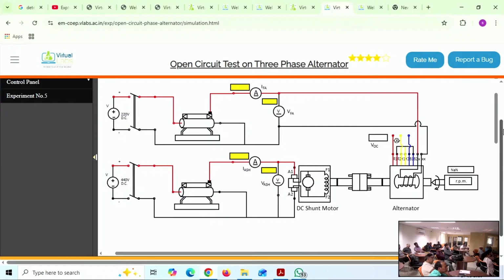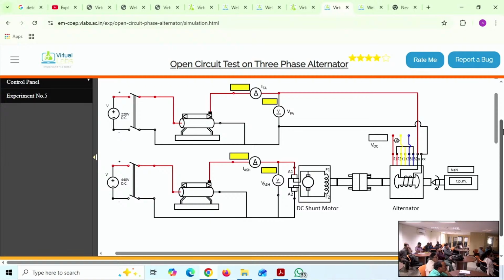First, we should bring the alternator prime mover to its rated speed. Rated speed. After that, will it give the open circuit voltage of 415 line directly? Can we get that in the experiment? We are doing an experiment, right? The first thing to be maintained is that the alternator should run at the rated speed.